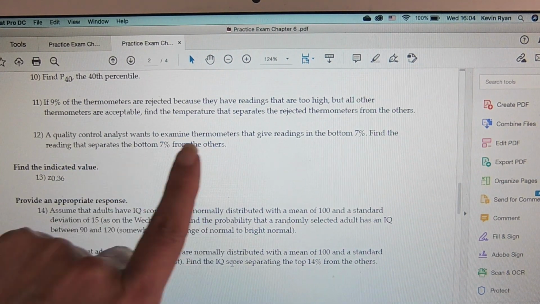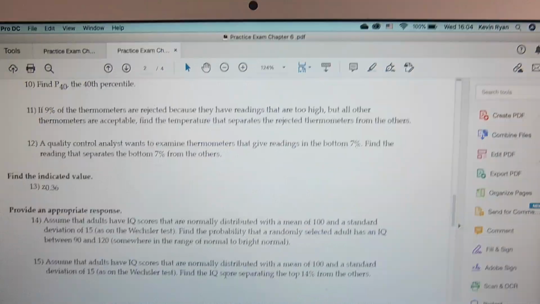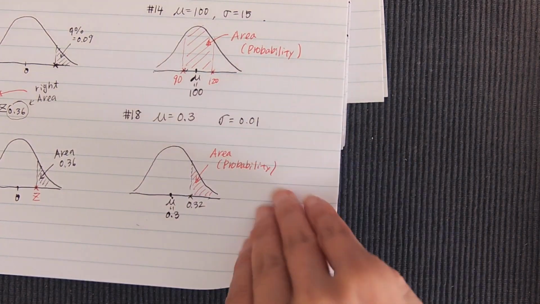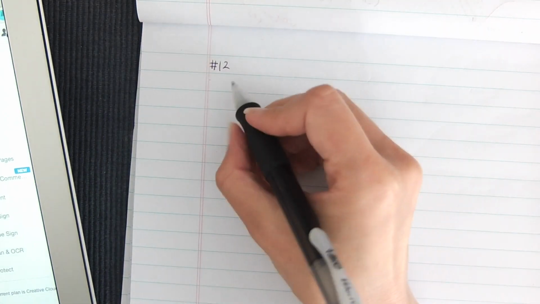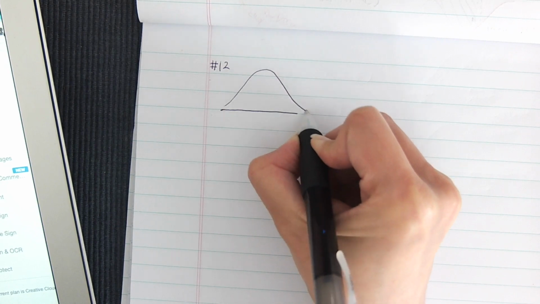Make sure the bottom is 7%. So, number 12, let me put it here. I'll draw a better shape.